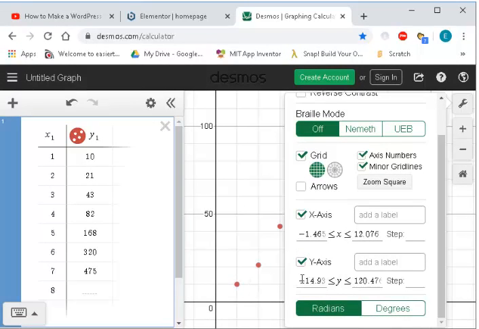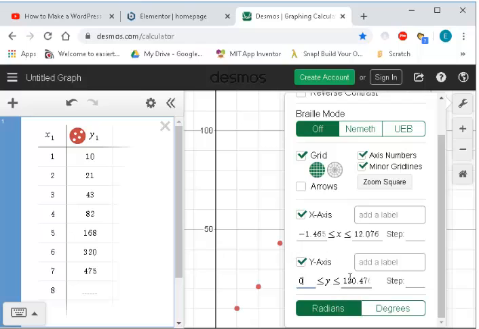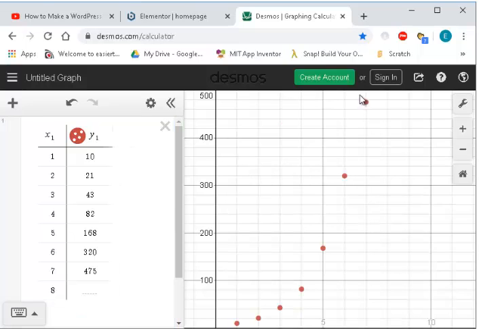For instance, here it has negative 14.93. I can go ahead and change this to the lowest one, which is 10, but I'm going to pick, let's say, 0, and the highest one is 120, which is lower than 475, because 475 is my maximum. So I'm going to change this one to 500. Now you can see that everything fits in the view here, and this shows you the graph.